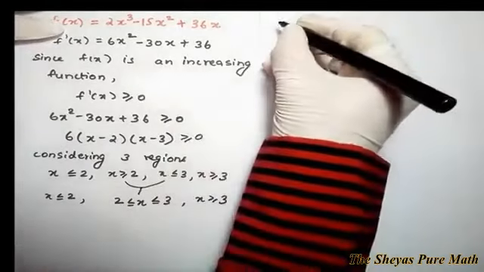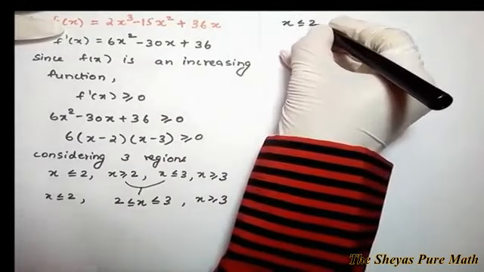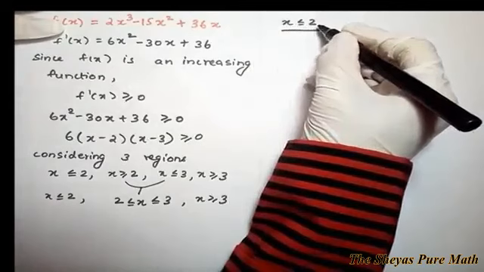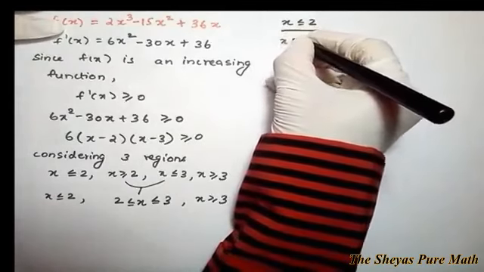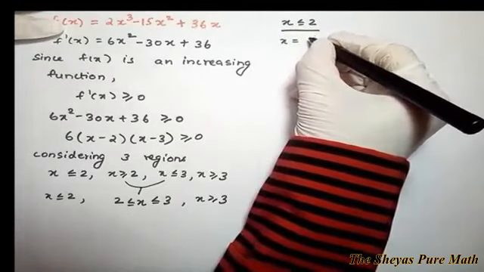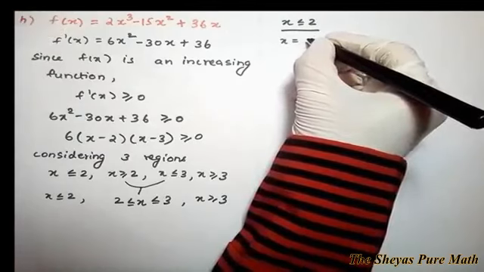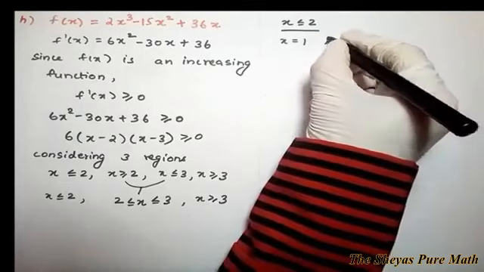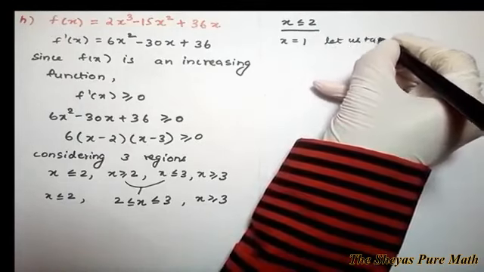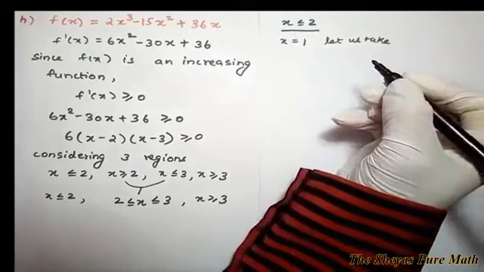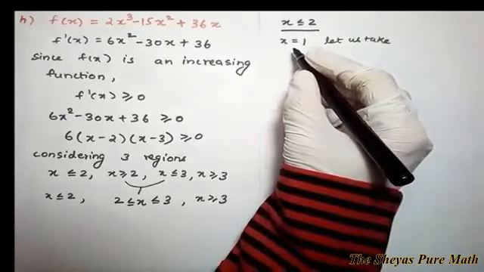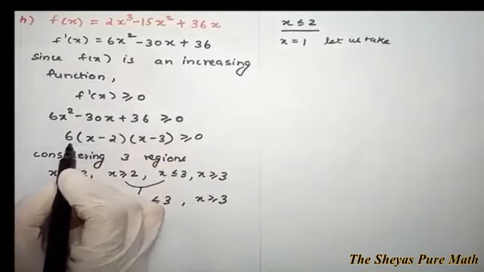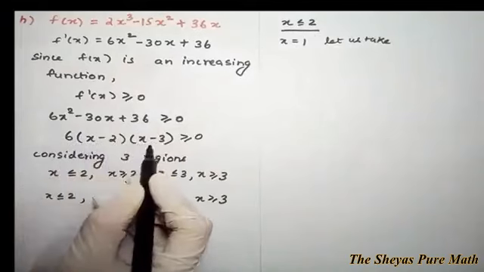See, for example, x less than or equal to 2 region we are considering. So x less than or equal to 2, we are taking some values which is less than or equal to 2. For example, I am taking x is equal to 1. If x is equal to 1, I am applying 1 in the place of x.